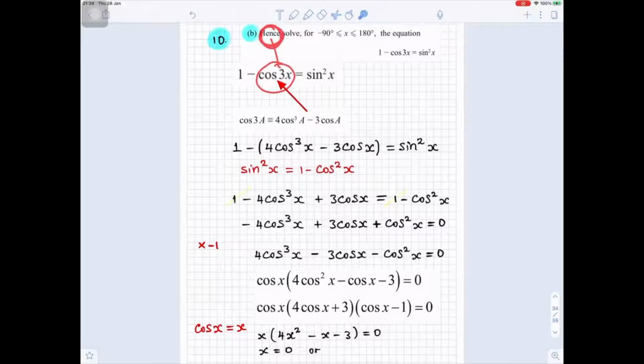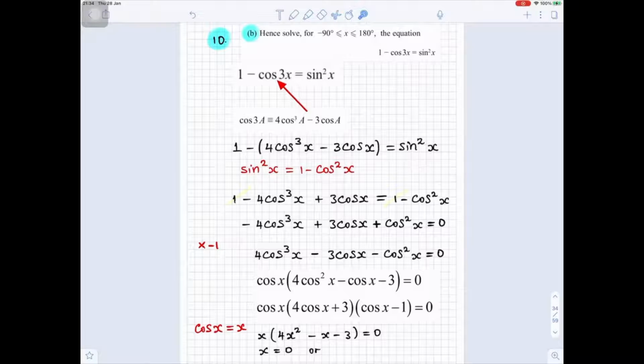Use your answer from part A. That's what hence means. Replace cos 3x with 4 cos cube A minus 3 cos A. So you will get 1 minus (4 cos cube x minus 3 cos x) equals sine squared x. But sine squared x is 1 minus cos squared x, so we replace that sine squared with 1 minus cos squared.